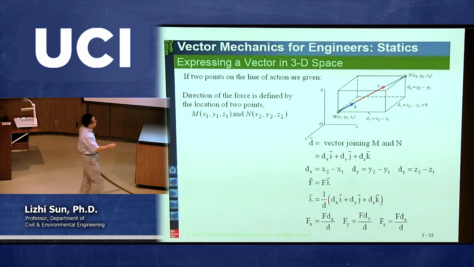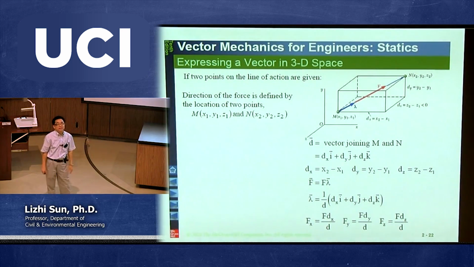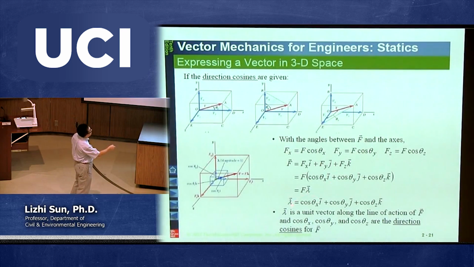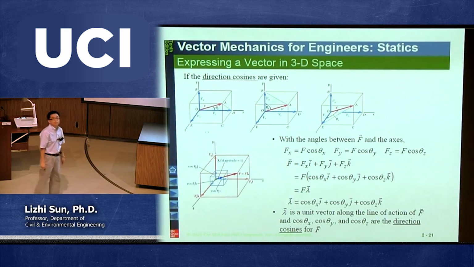And actually, you know what? After you get those three components of the force, you can go back and calculate the direction cosines if you want, because these three components are directly related to them. You can calculate theta x, theta y, theta z.